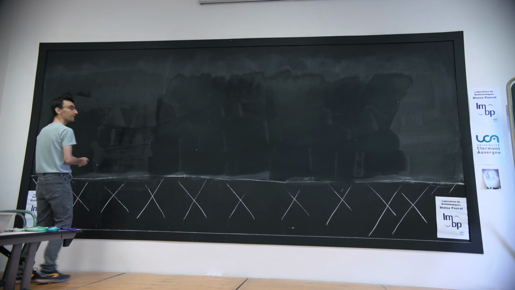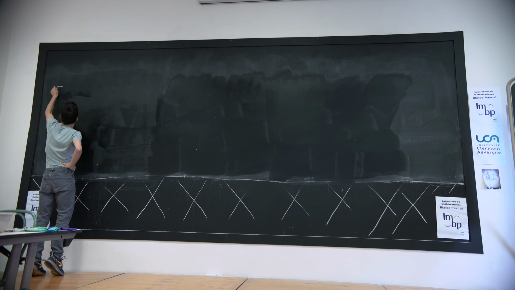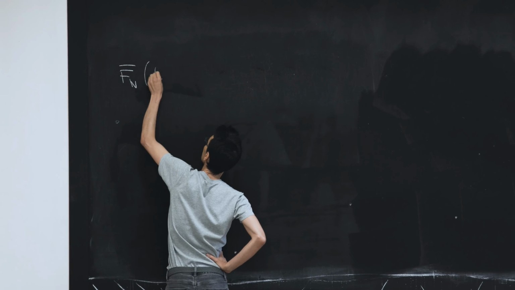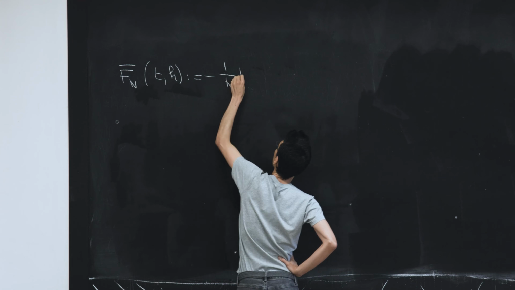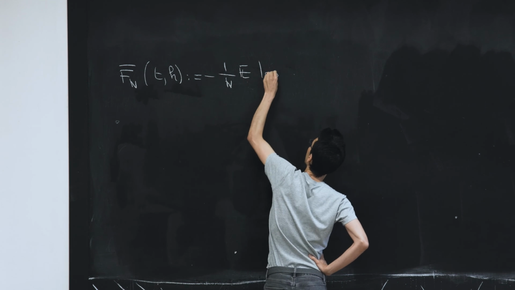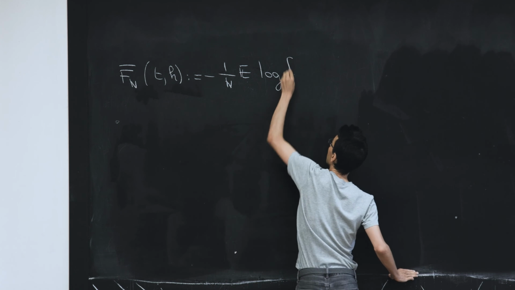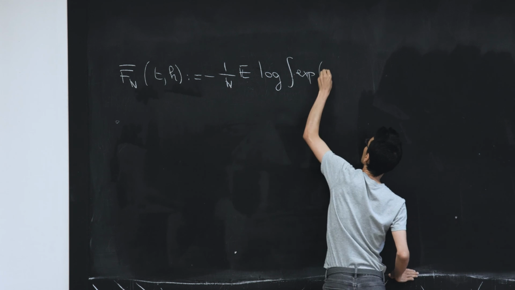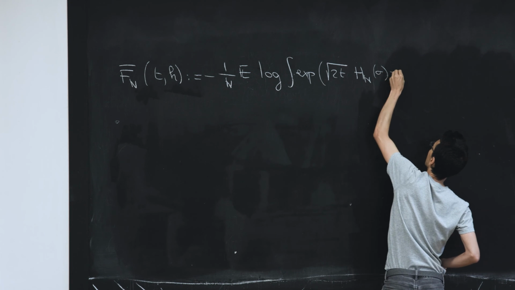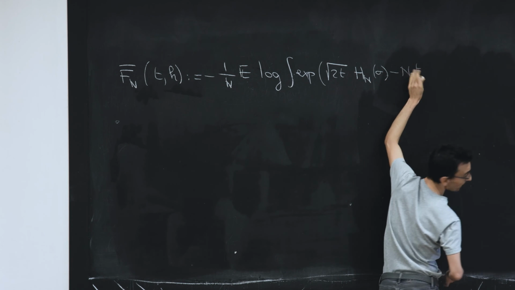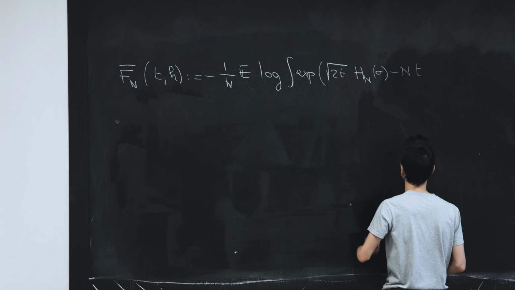Okay? So the new version of the free energy is going to be like so. So T and H: minus 1 over n, expectation log of the integral of exponential of square root of 2t Hn of sigma minus nt. So I'm just writing it for SK bipartite. Okay, we have this simplification for this compensation term.